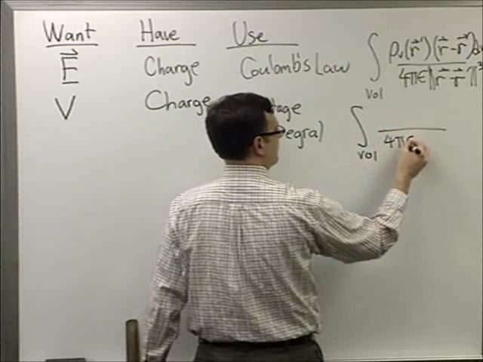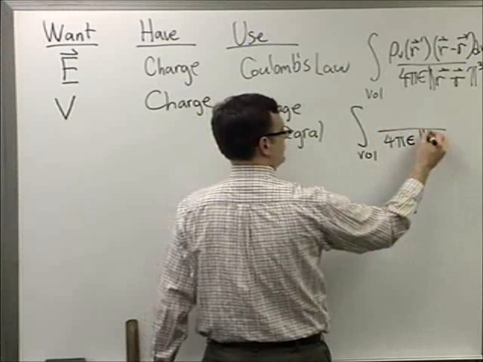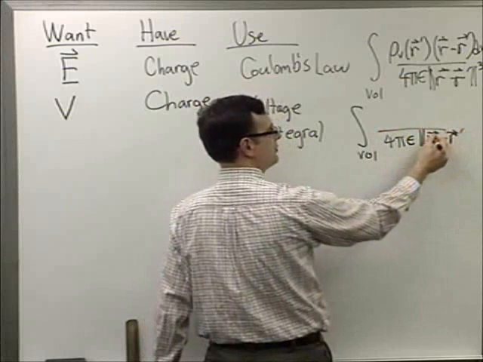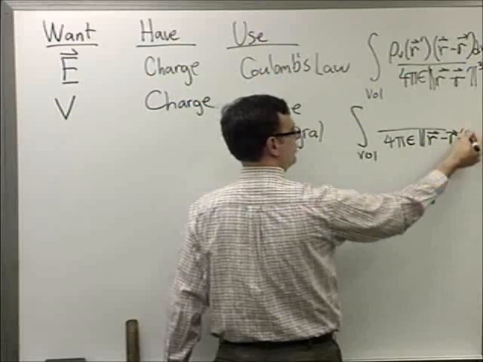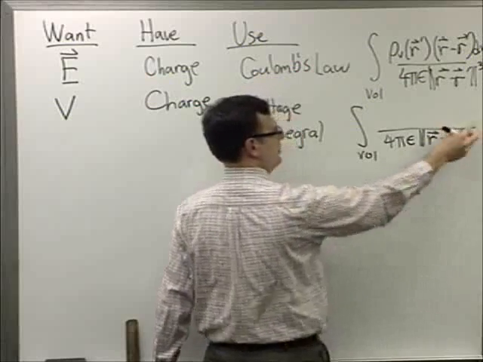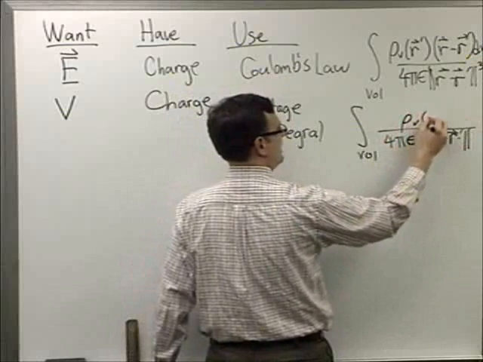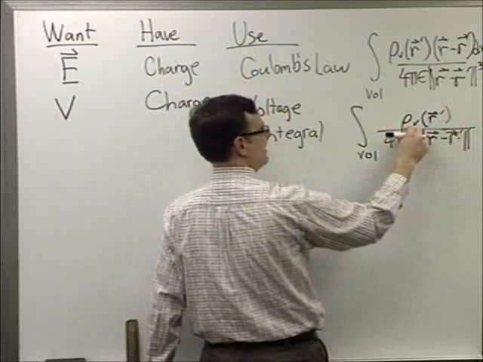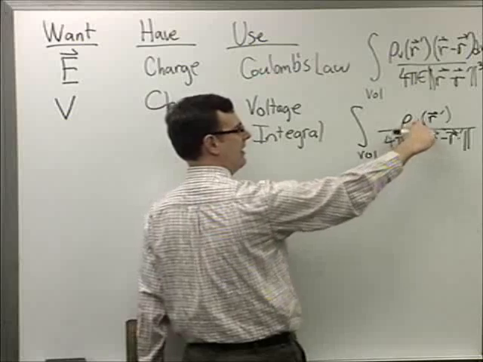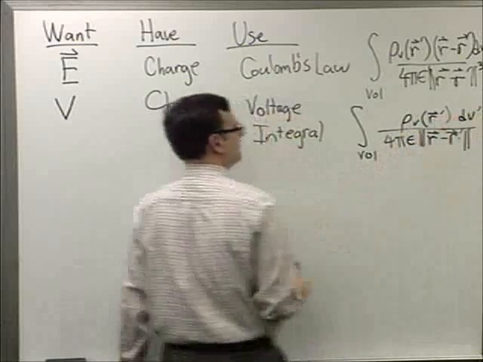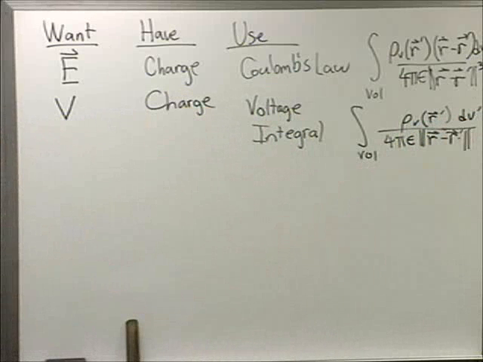And the other thing is that it was only a magnitude of r point of observation minus variable of integration to the first power, not the third power in the denominator. And we just had scalar charge volume density as a function of our variable of integration. That was our second tool in the arsenal.